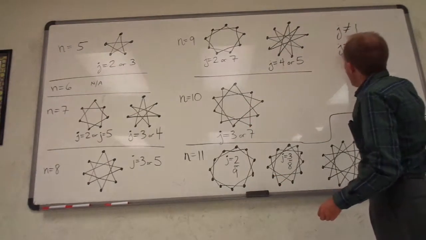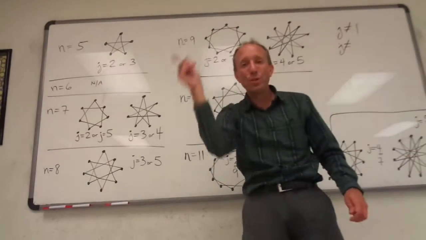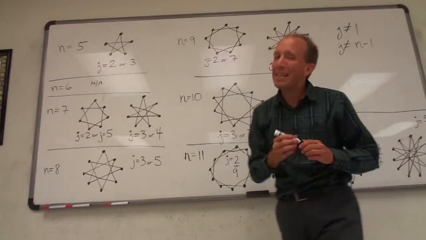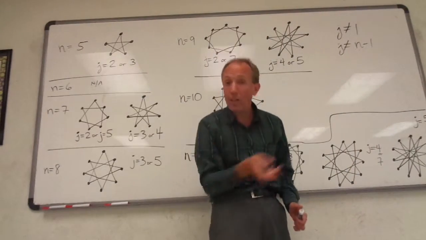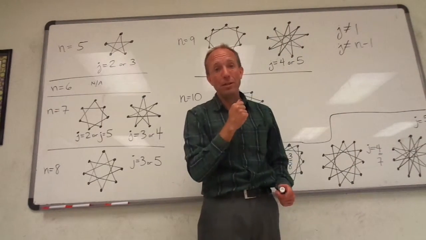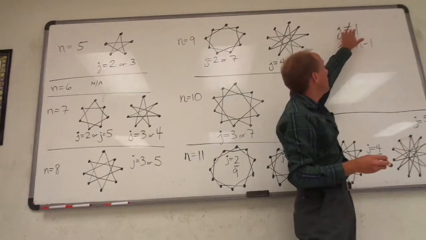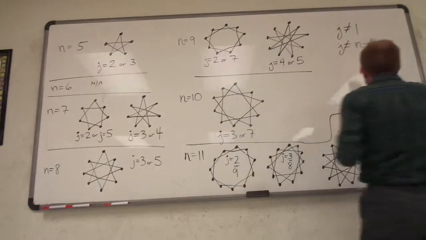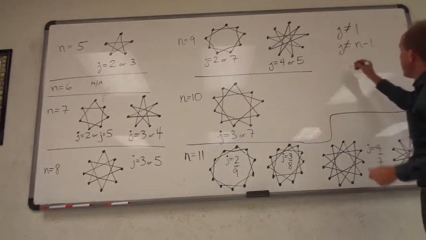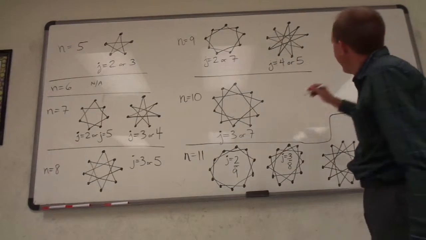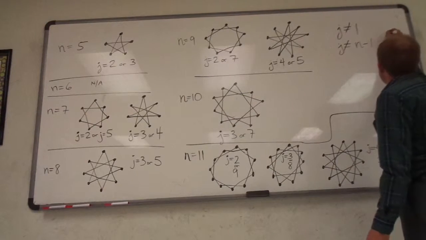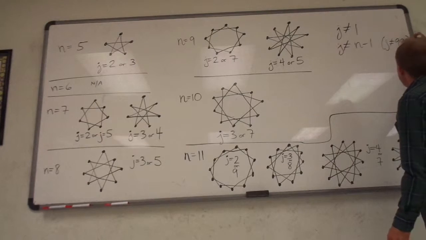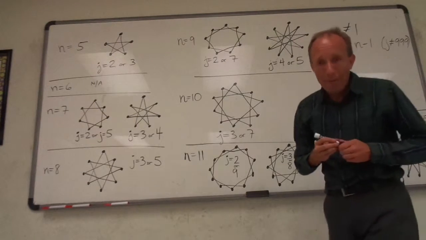And if we go the opposite direction around the circle, then we also can't use n minus 1, because that's the same figure, just in the opposite orientation. So we take those two values out for whatever n is. If you're talking about a 1,000 pointed star, then j does not equal 1 and j does not equal 999.